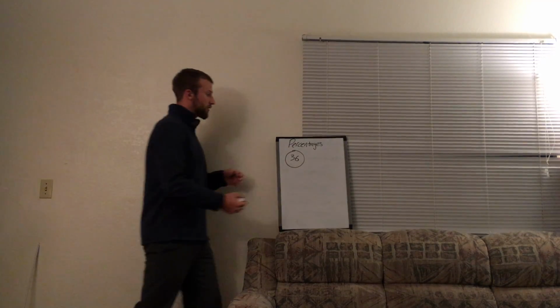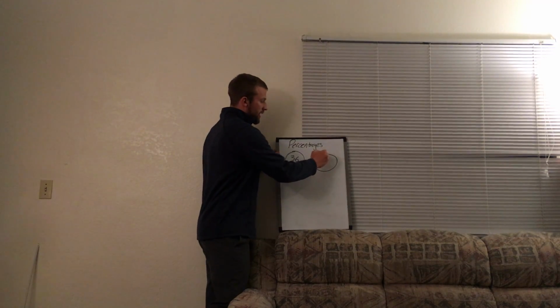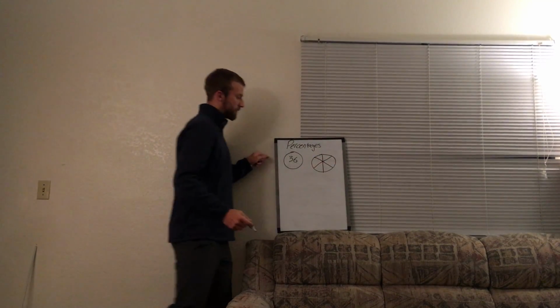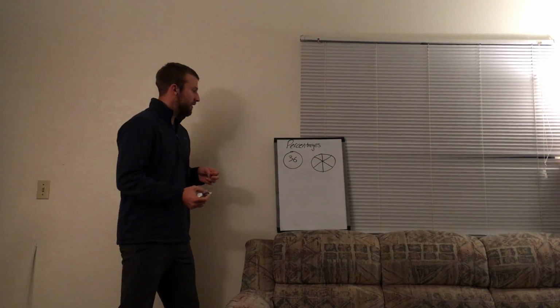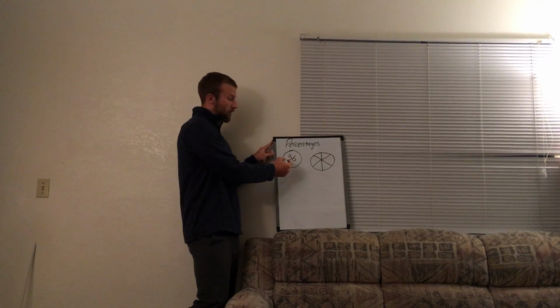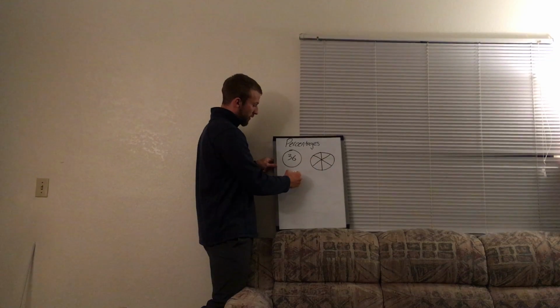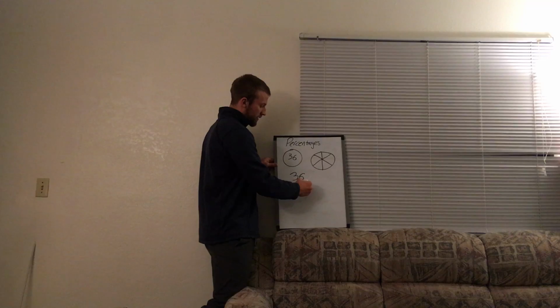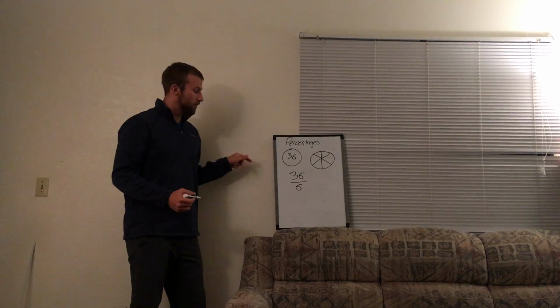Now we want to break that circle into 6 equal parts. Pretend those are equal. So we have 36 total units and we have 6 equal parts. So let's take 36, the whole, and divide it by 6 equal parts. What will that give us?